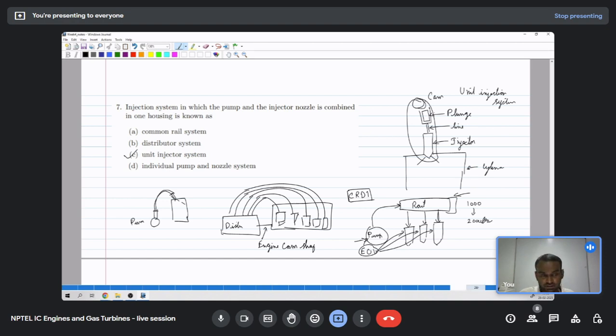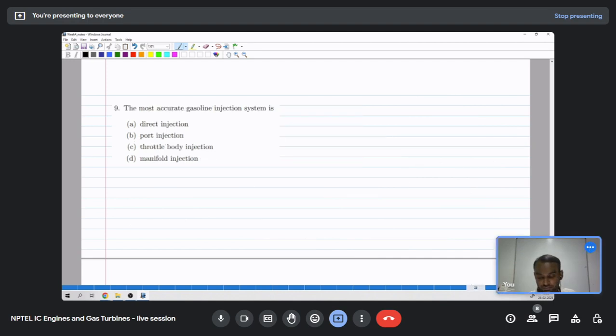Any questions with these systems? No, sir. The most accurate gasoline injection system is direct injection, port injection, throttle body injection, or manifold injection.